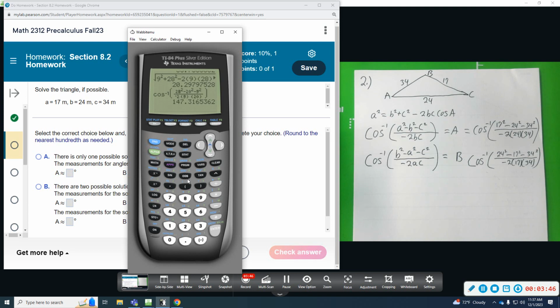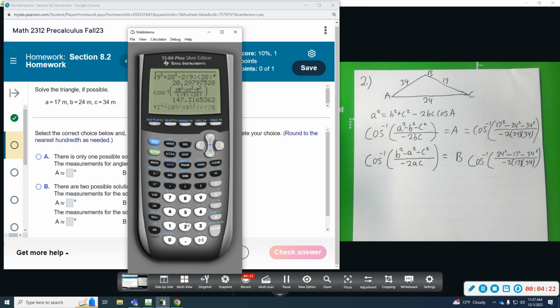Turn this on. So I'll do it as if I don't have the function model. So I'm going to do second, enter. What I'm going to need to do is do double parentheses on the numerator and the bottom. So it opens parentheses, so that's the whole thing. I'm going to open parentheses again, and then I'm going to type 17 squared minus 24 squared minus 34 squared. And so this is the end of the numerator. Then I close parentheses, and then I'm going to do divided by, and then open parentheses for the bottom.